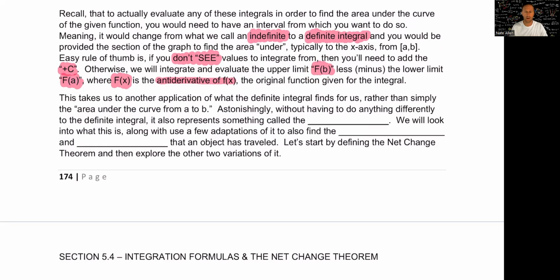So what other kinds of applications do we have using this fantastic fundamental theorem part 2? We already hinted at a few earlier in the chapter.